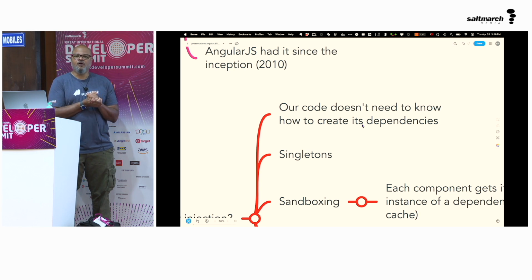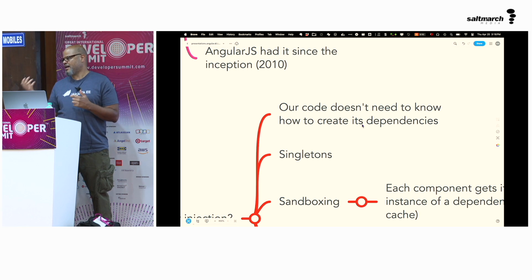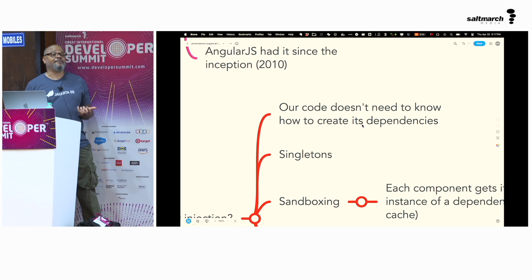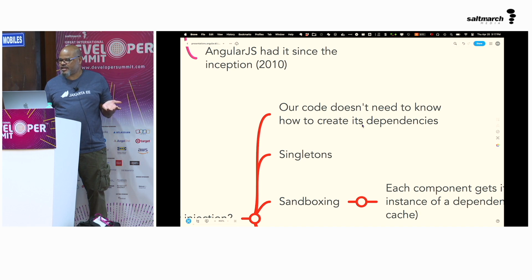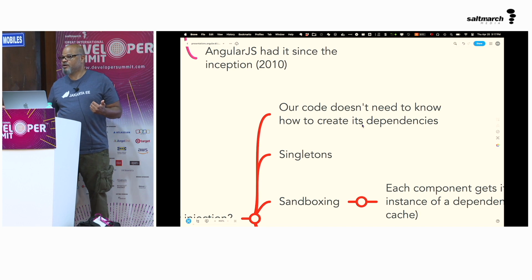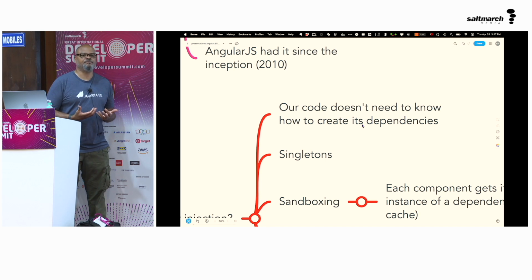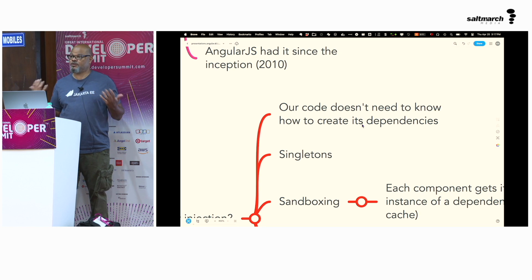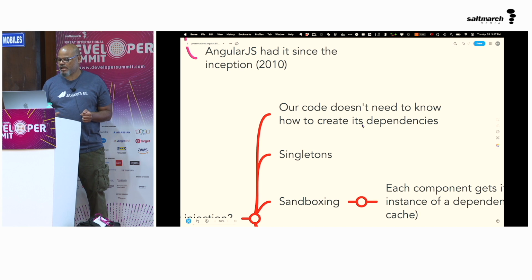So you can have one single service that's applying to an entire module or your entire application or parts of your application. Now, of course, you can do singletons in different ways. You could just have a const in a module, then export it and import it everywhere. But this is a little more flexible because you can change the type of the singleton in one place, as opposed to going through all the imports and things like that, okay?